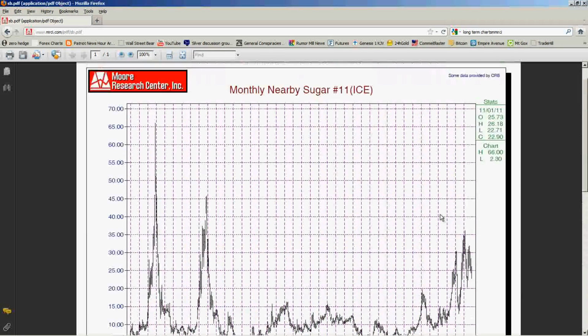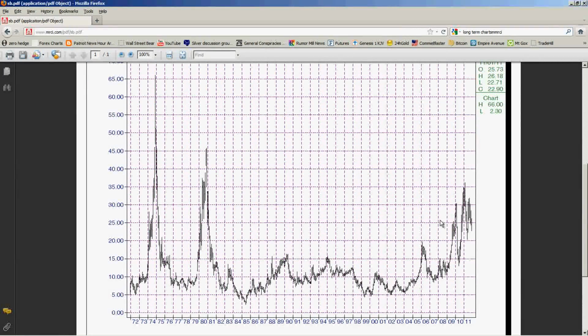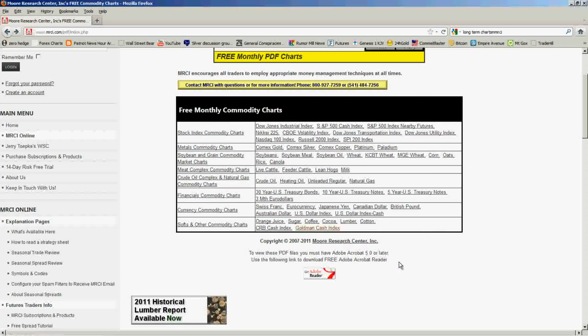So you can see we've never even hit 81 before. That is a good example of where, even using the Fed's own figures, the prices for commodities are still very low, very cheap.